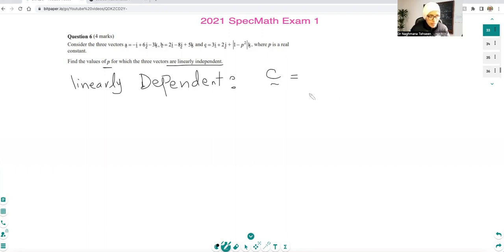Let's say C is equal to M times A plus N times B. So we get C is 3I plus 2J plus (1 minus P squared) K, equal to M times A, which is M times (negative I plus 6J minus 3K), plus N times B.